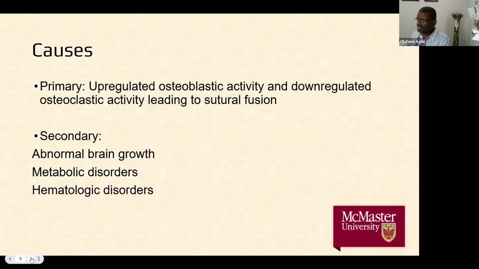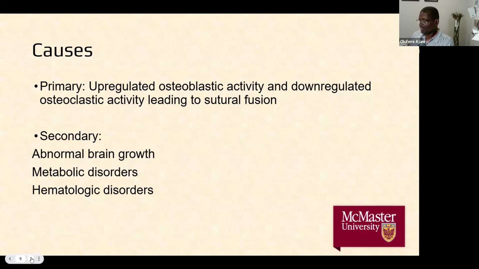Osteoclastic activity resorbs bone, and this leads to more bone deposition along the suture and sutural fusion. So when this is upregulated, then it does happen early, which gives the clinical condition of craniosynostosis.